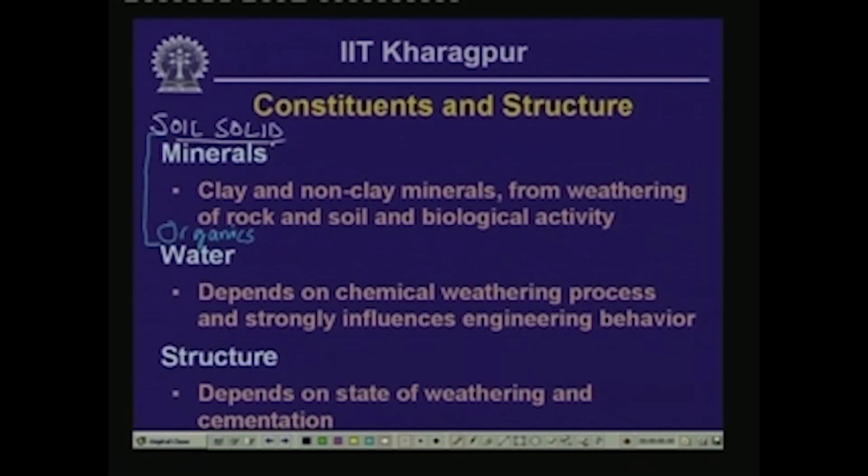And they typically originate from weathering of rock or soil, or from biological activity, or they are really waste material from decomposition of biological inclusions within the mass of soil. Now, the liquid phase of a soil mass is typically composed of water, but there could be other types of liquid also within the soil mass.